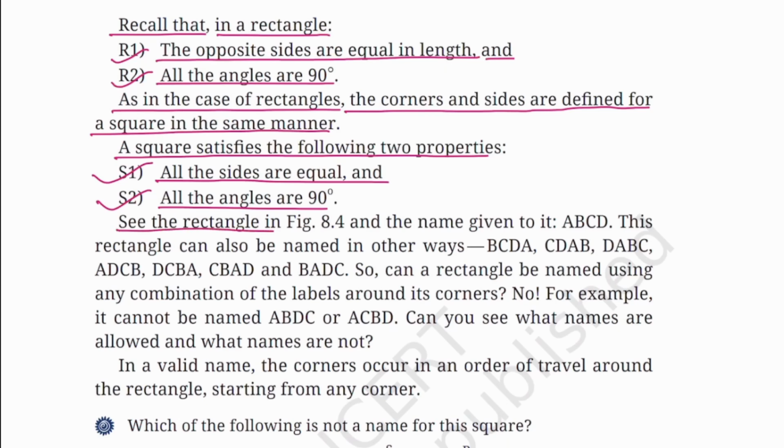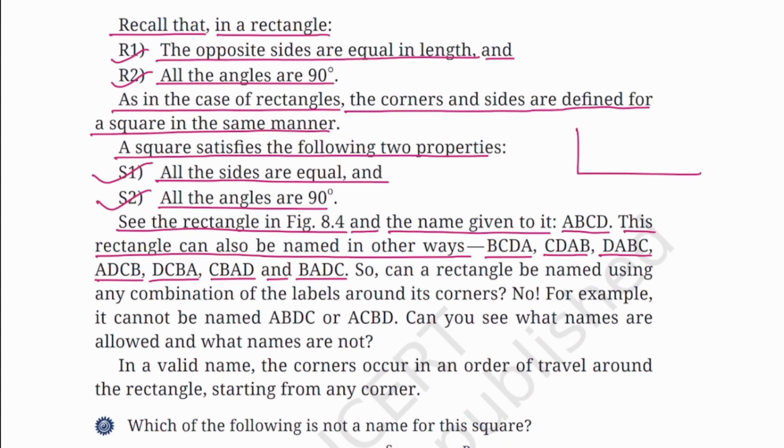See the rectangle in figure 8.4 and the name given to it, ABCD. This rectangle can also be named in other ways: BCDA, CDAB, DABC, ADCB, DCBA, CBAD, and BADC.